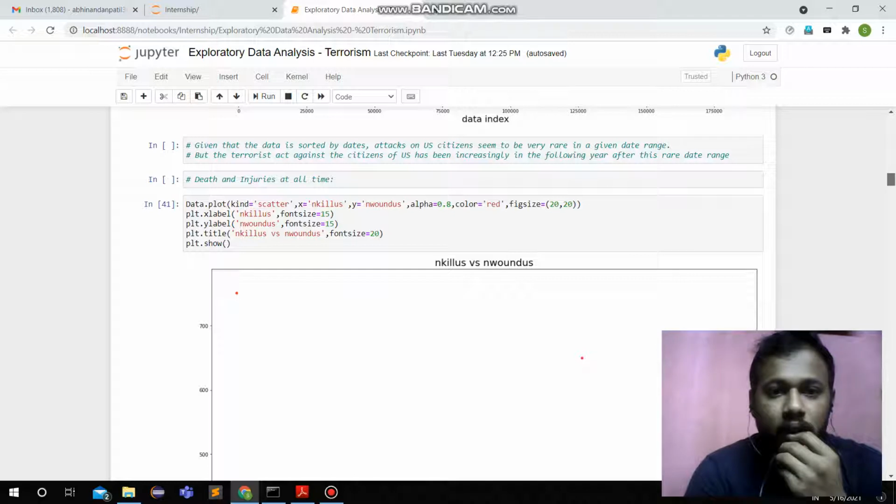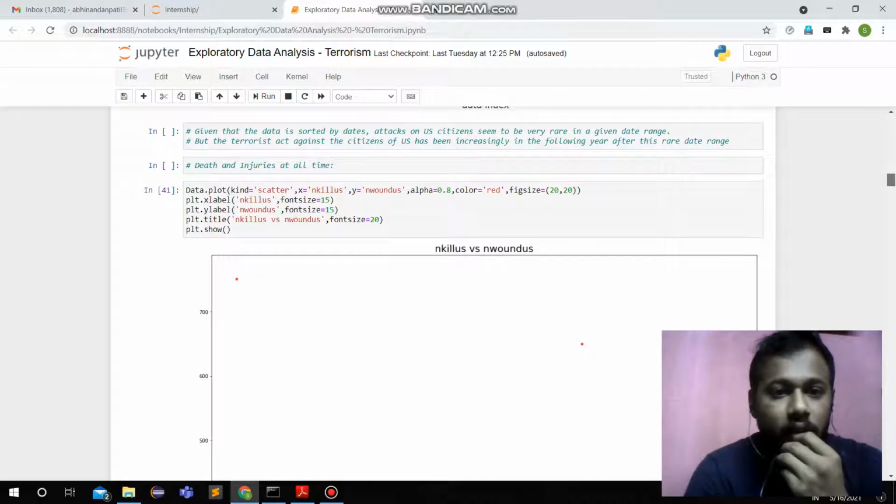Given that the data is sorted by dates, attacks on US citizens seem to be very rare in a given date range, but terrorist acts against the citizens of the US increased in the following years after this rare date range.